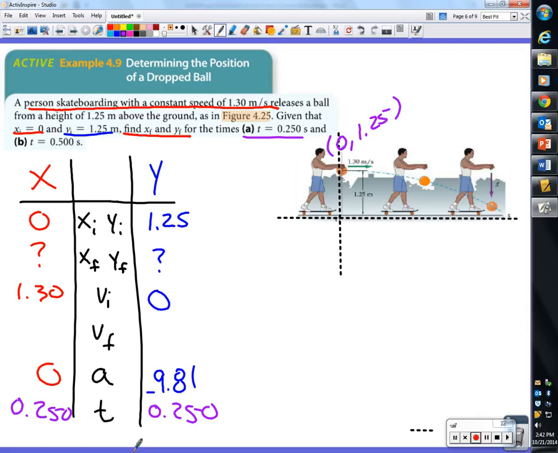Remember that the sign, especially on acceleration, is the direction, but not necessarily where. Even though on the y-axis this basketball is above 0, on the positive side of 0, gravity is still pulling it in the downward direction. And downward on the y-axis generally is negative. Does that make sense?